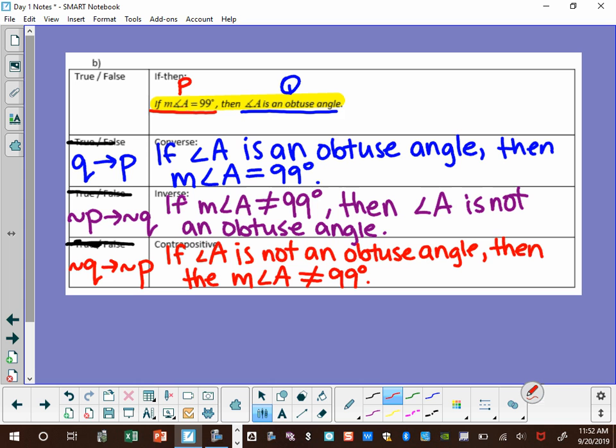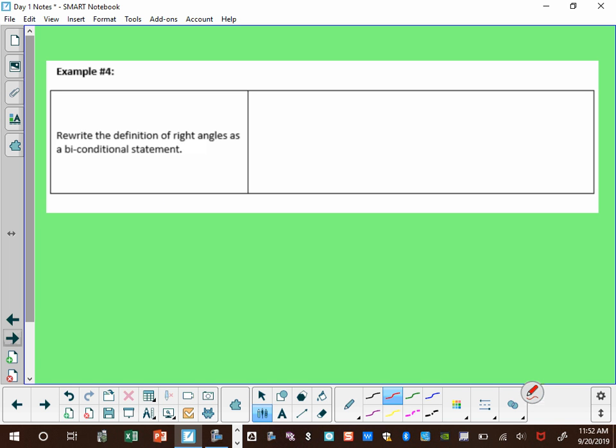All right, let's look at the last part of this page. Example number 4 says to rewrite the definition of right angles as a biconditional statement. I actually forgot to write in this definition for you, so I'm going to write it up here.